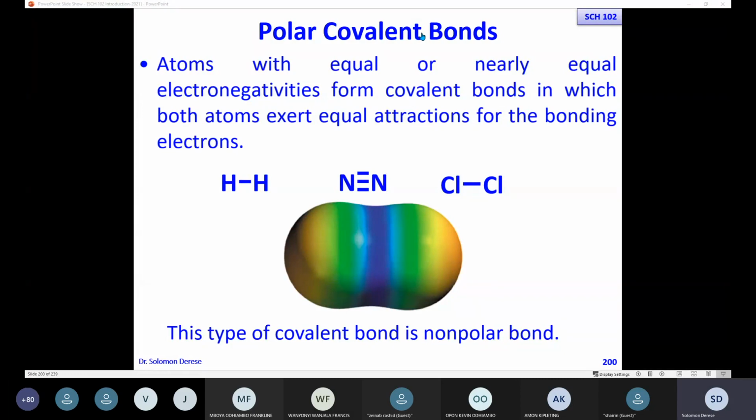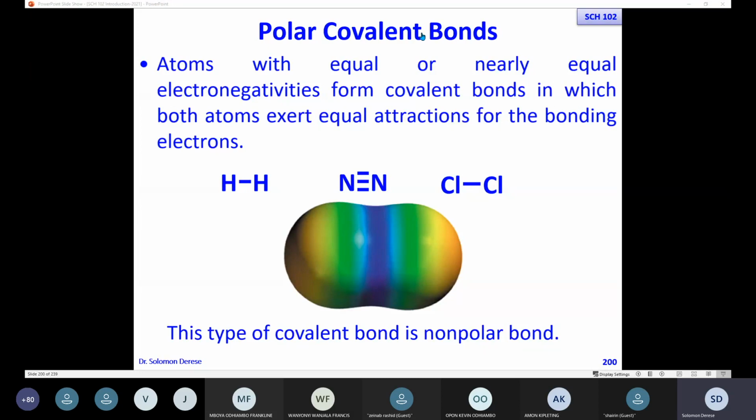Okay? So if you have a covalent bond between two elements, and these two elements have significant differences in electronegativity, the electrons of the bond are not going to be shared equally. One of them will have a larger share of the electrons than the other.